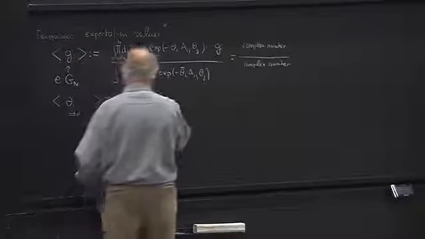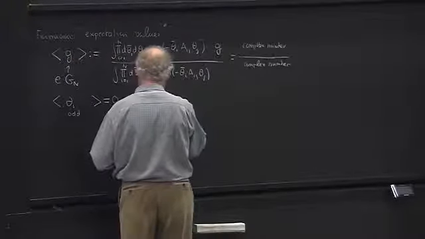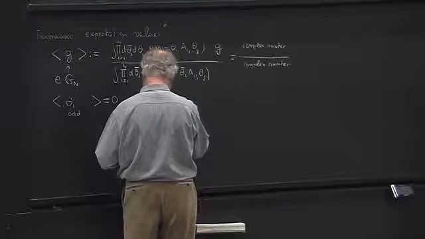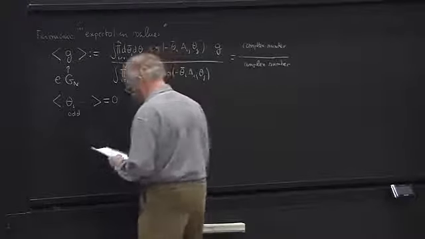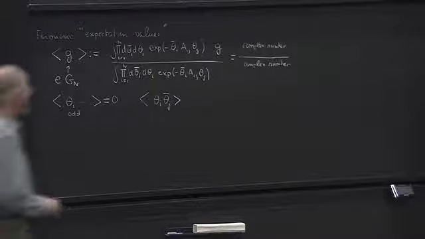But now what is interesting is what's happening when you compute the expectation value of a product of a theta and a theta bar. Okay? Because let us do that in this simple example, N equal 1.